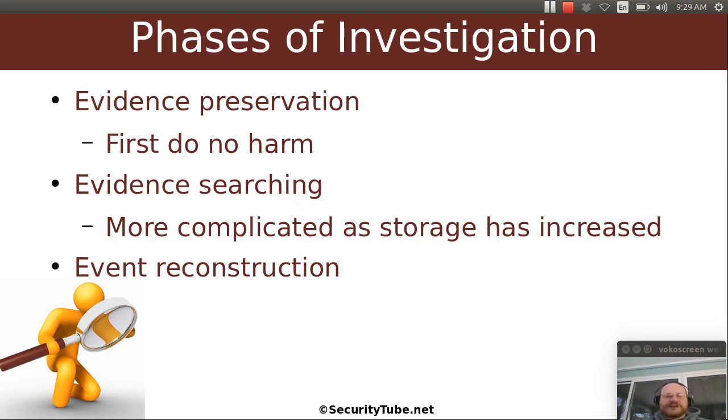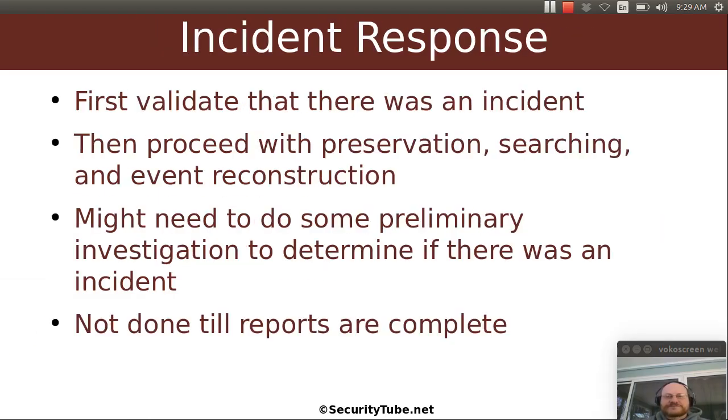For example, I might think that Bob has embezzled funds from his company. So I'm looking for things that would either refute or support that. And I reconstruct the events. We'll talk a lot about that in this course.